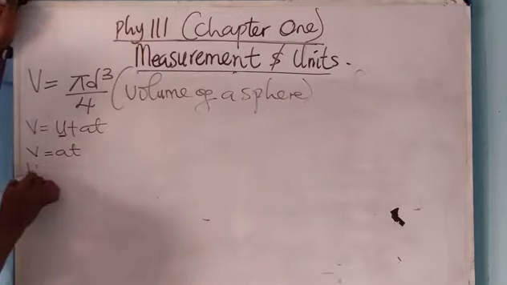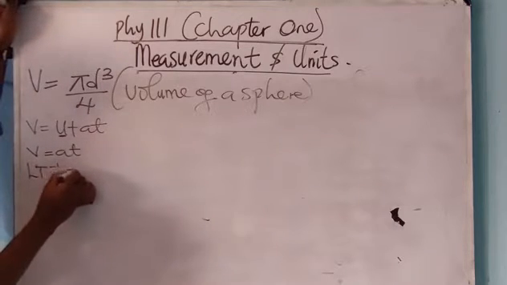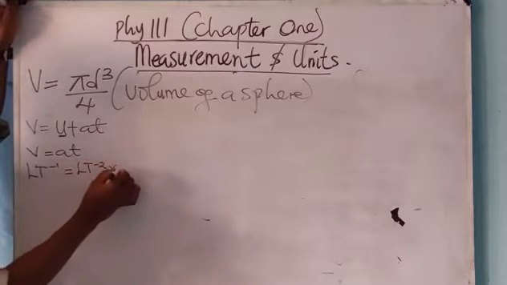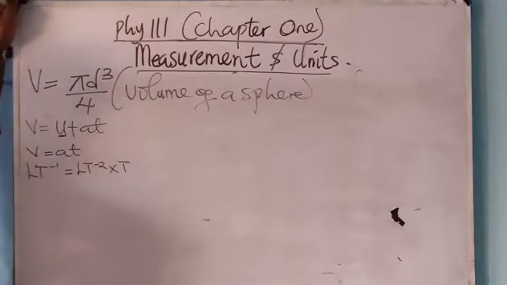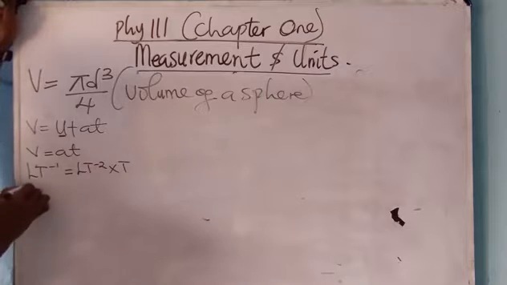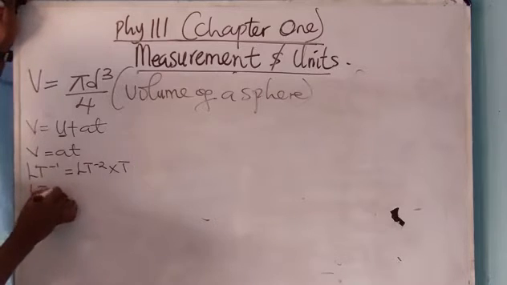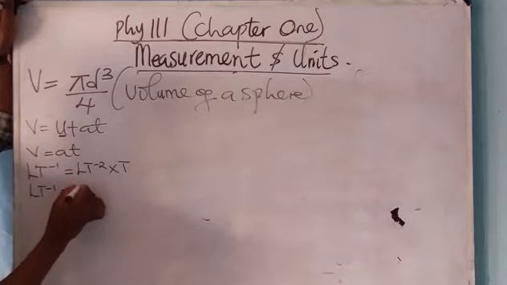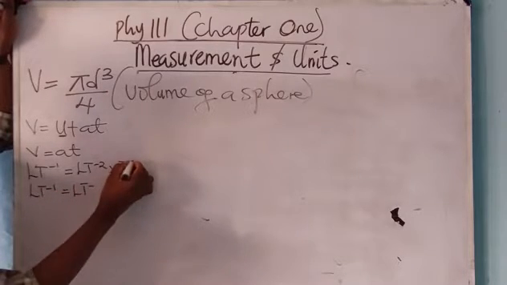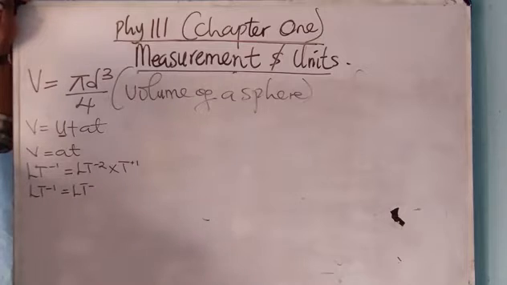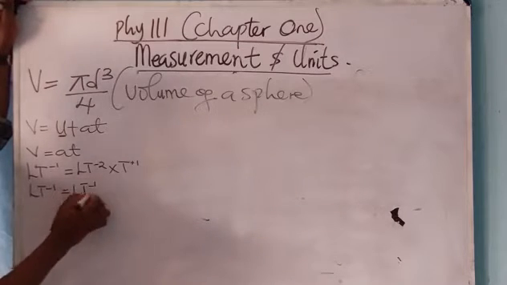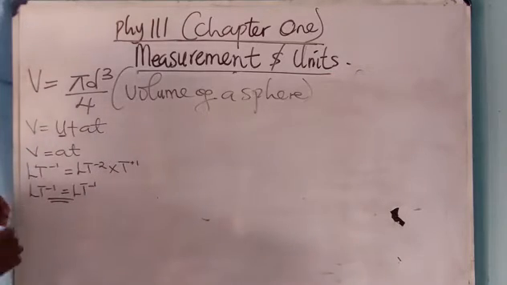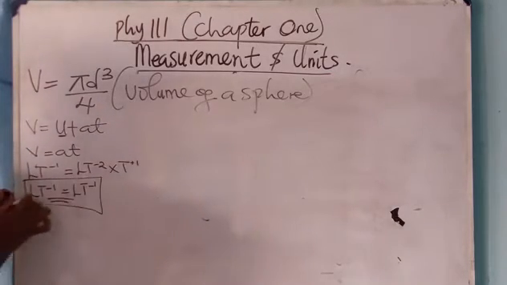Now this is LT⁻¹, then acceleration is LT⁻² times T. It therefore means that LT⁻¹ equals LT⁻², plus 1, so minus 1. So this entity is dimensionally correct.